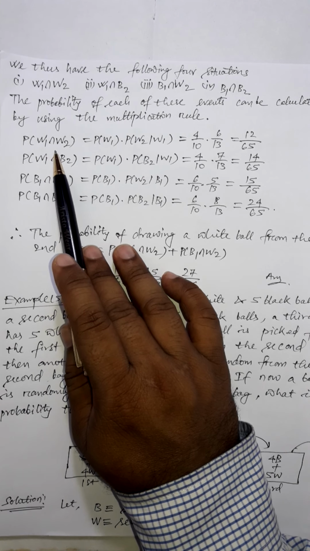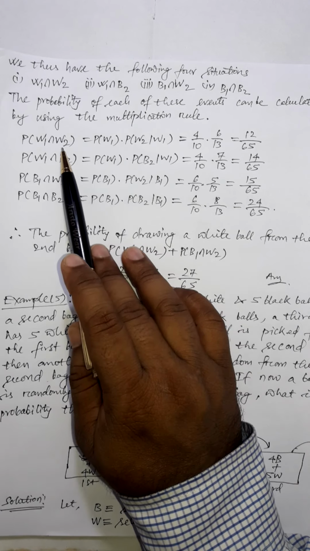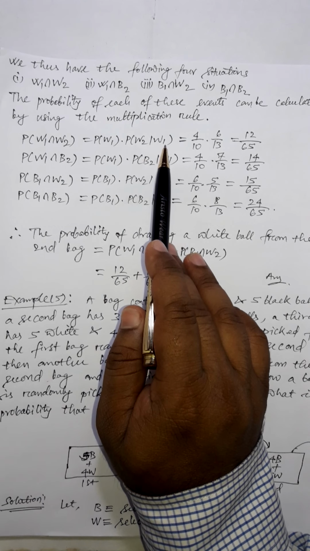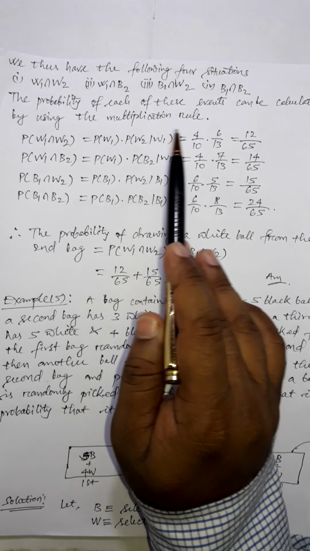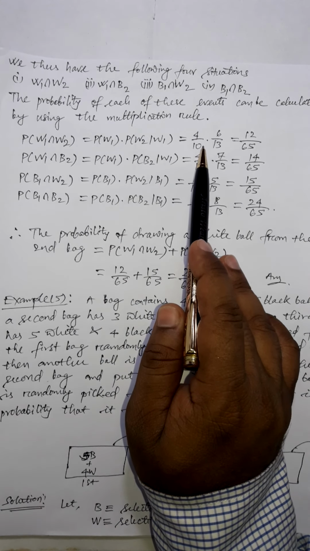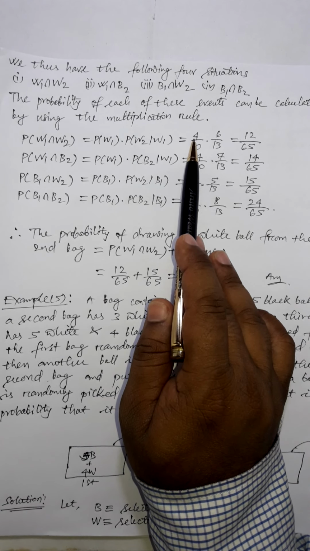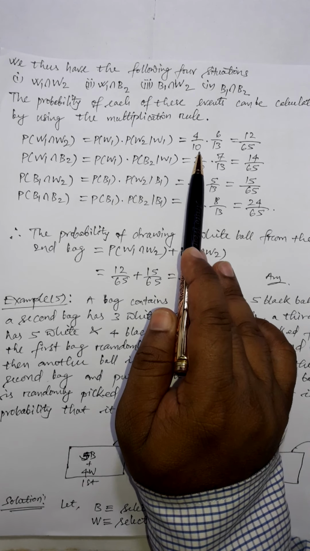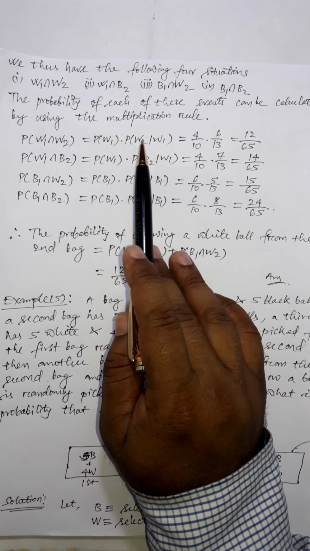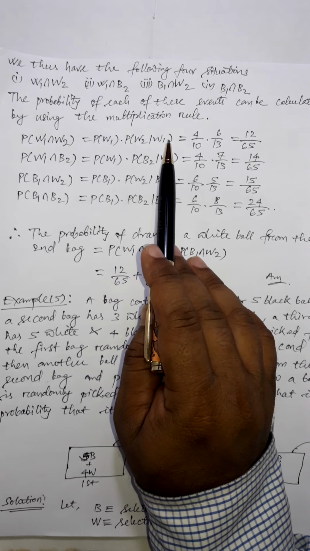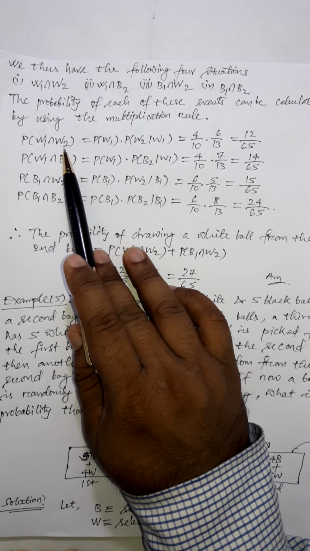Now probability of W1 intersection W2, by multiplication rule, will be probability of W1 multiplied with probability of W2 given W1. Now the probability of drawing a white ball from the first bag will be 4 by 10, as the total number of balls is 10 in the first bag and the total number of white balls in the first bag is 4. So it will be 4 by 10. Now after drawing a white ball from the first bag, that ball will be added to the second bag, and from there we have to draw a white ball.